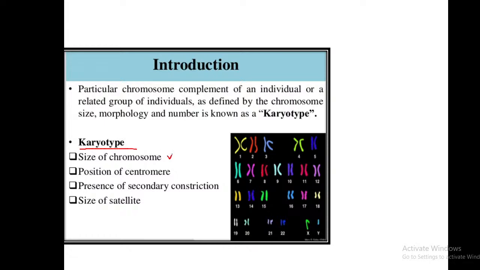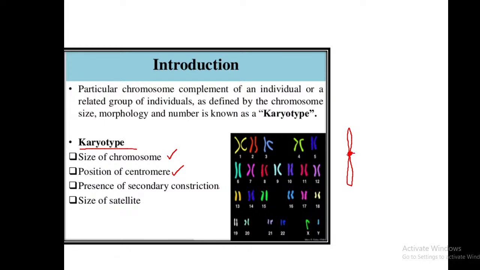The things taken into consideration in karyotyping are: 1. Size of the chromosome. Position of the centromere. The centromere, I'll come to it later, but still, the centromere is the middle portion of the chromosome. Then the presence of secondary constriction, that is what is here.